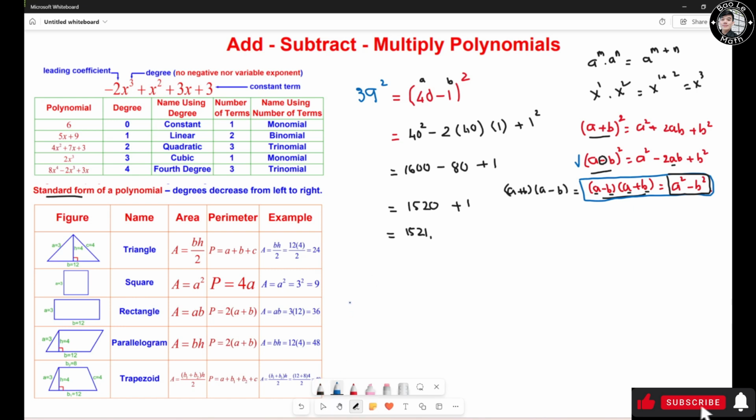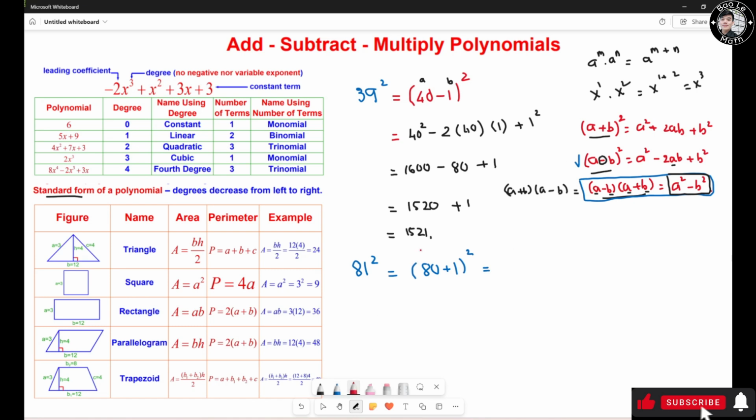Now let's take a look at the next example. For example, I have 81 squared, alright? So if I don't have a calculator, what should I do? So does that mean I need to write 81, 80 plus 1 altogether square? Makes sense. So I look at this one, it's going to be the first formula right here, right?